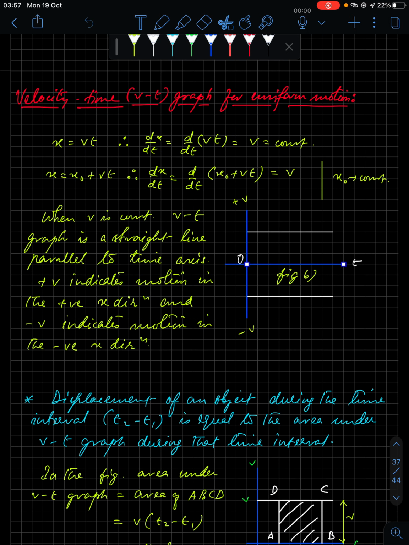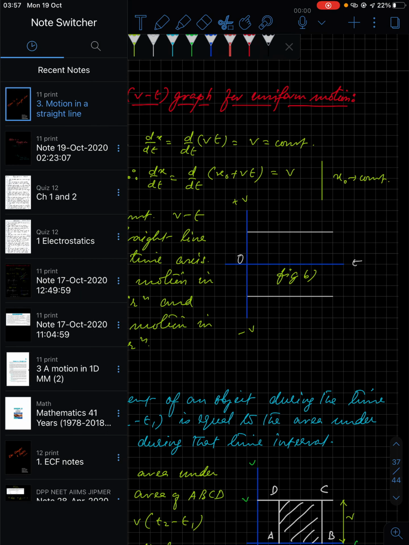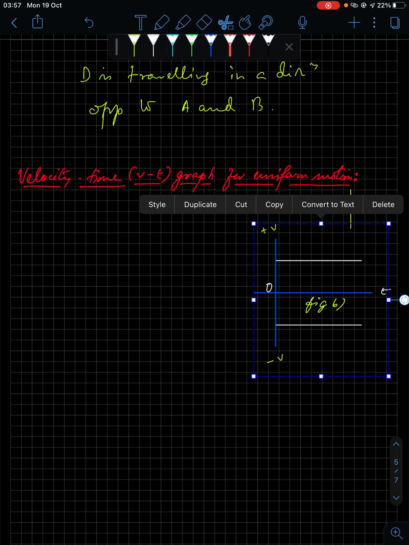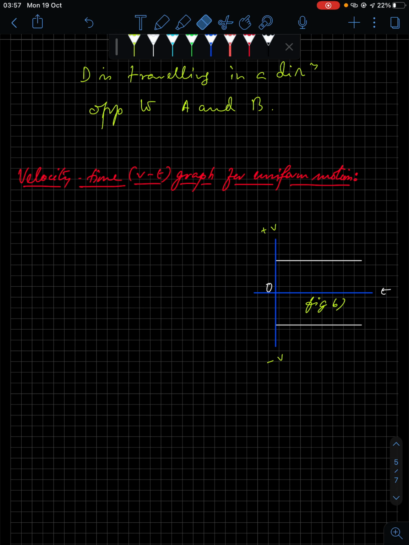Let me copy the diagram, or the graph as well, I should say. So we have covered this equation, x equal to vt when the event is started from the origin.